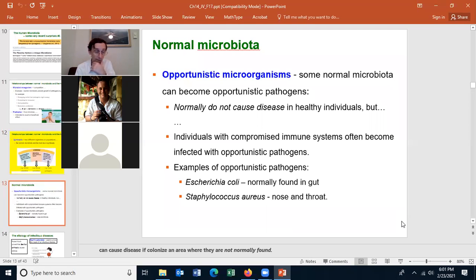In which case, that Staphylococcus epidermidis would be opportunistic. Some normal microbiota can be opportunistic when the individual is compromised in their immune system, such as having AIDS, undergoing cancer therapy, or some other immunotherapy.